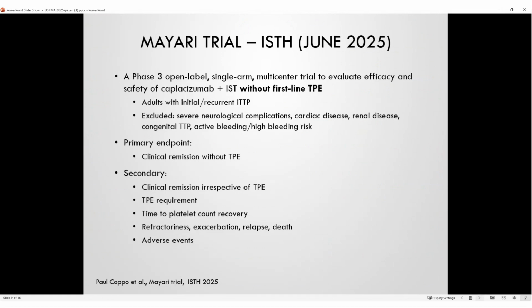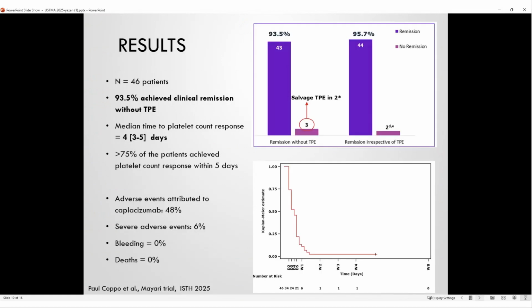And what that trial showed, and we'll go to the next slide, is that they included 46 patients, and 93.5% achieved clinical remission without TPE. That's an overwhelming majority, and that's quite an impressive result there.